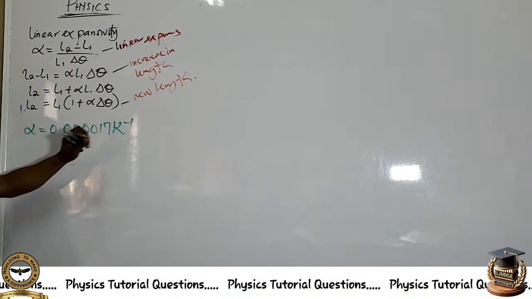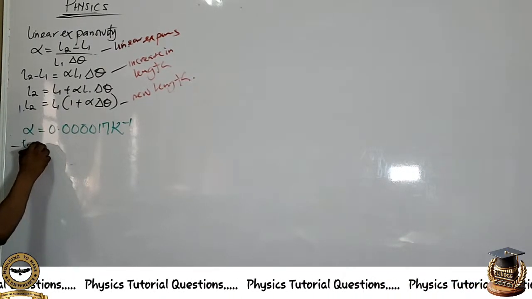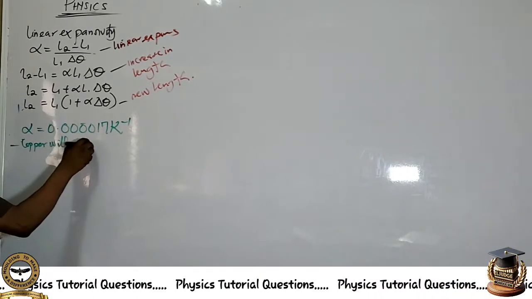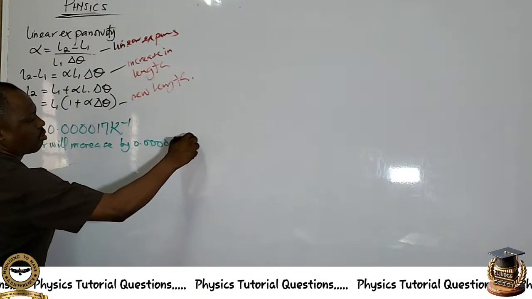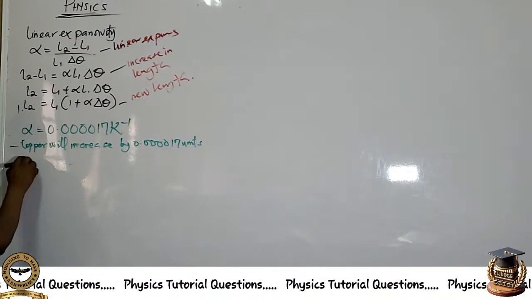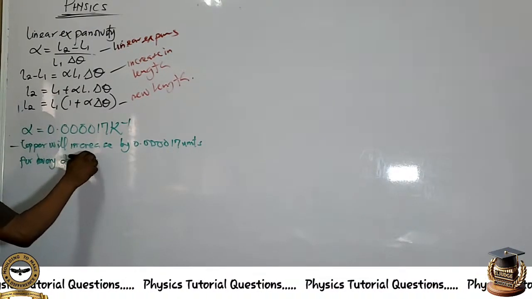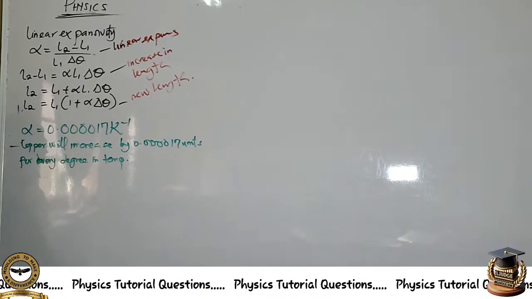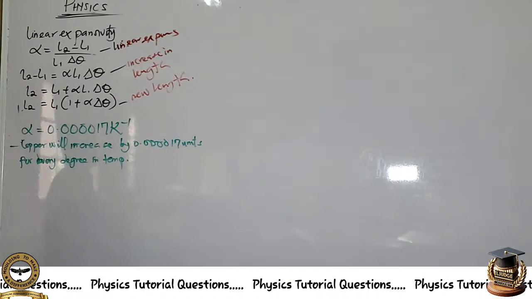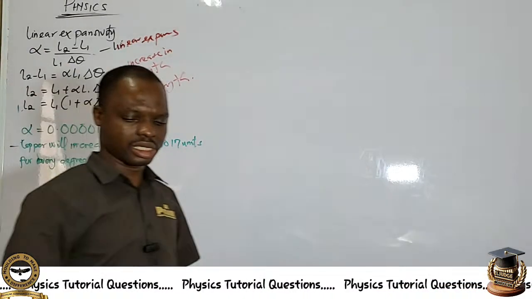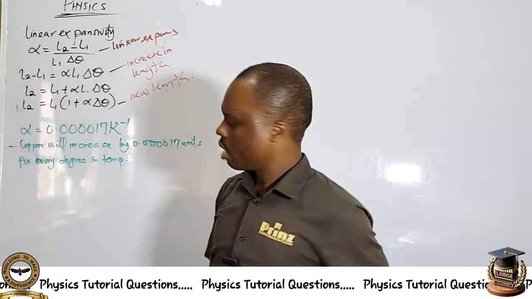It means that copper will increase by 0.00017 units for every degree rise in temperature. Or we can say copper will increase by 0.00017 units for every 1 Kelvin rise in temperature.